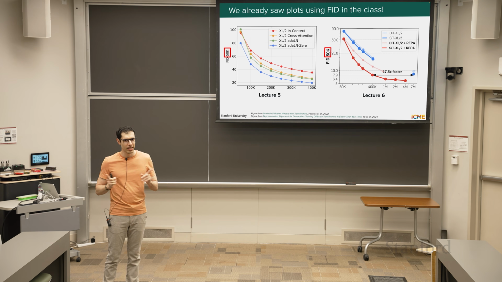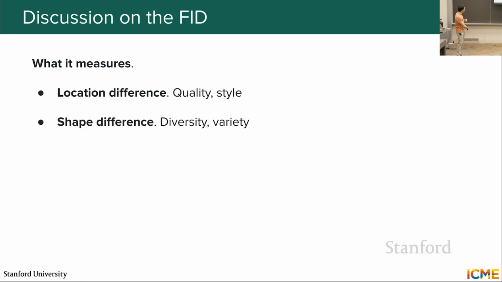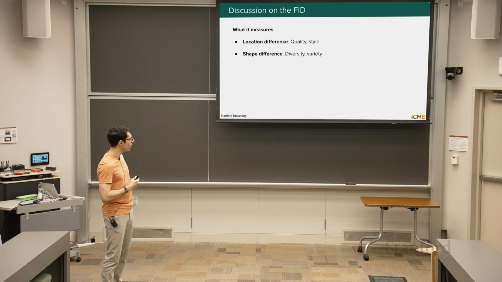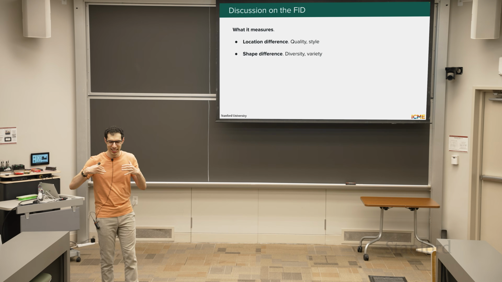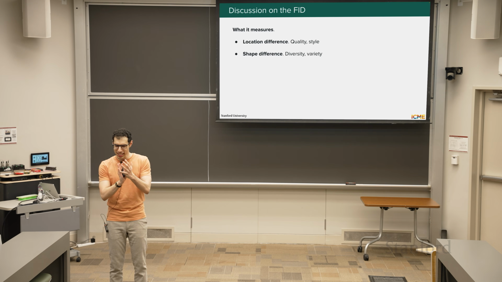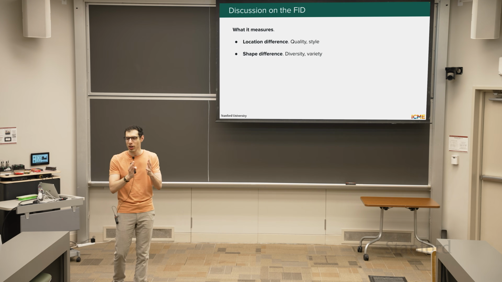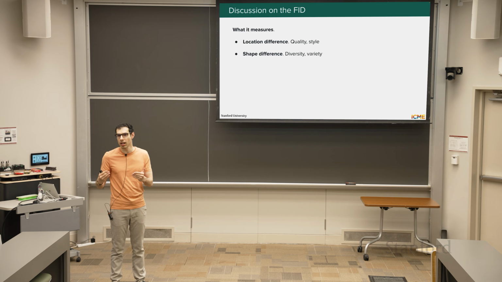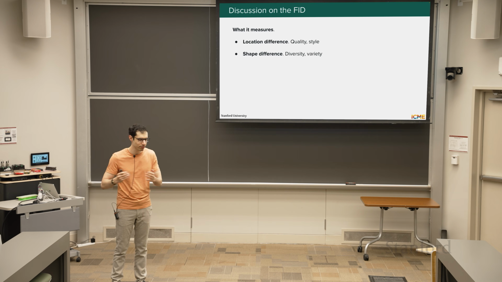Cool. Great, so I'm looking at the time. I think I will move ahead and just say that if there's a big gap in the location, you can think of it as maybe the quality or the style being different. And when it comes to the shape being different, if, for instance, the generated images are in a very constrained region, maybe your model is not generating diverse sets.